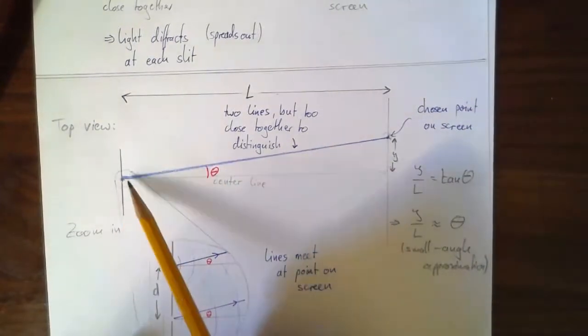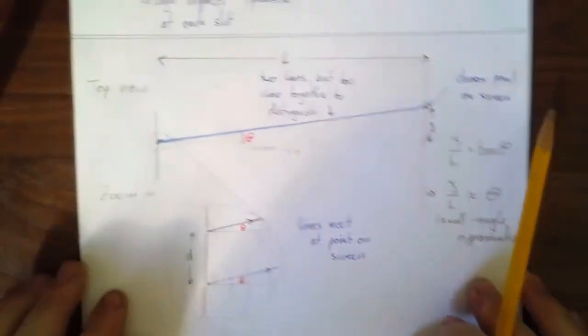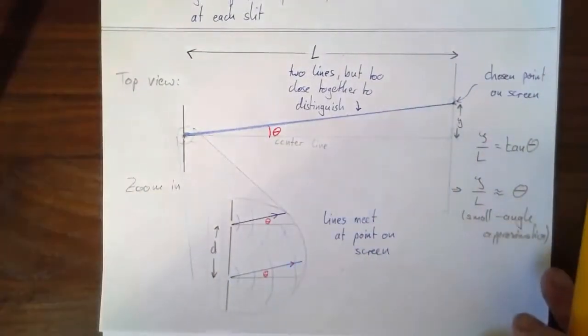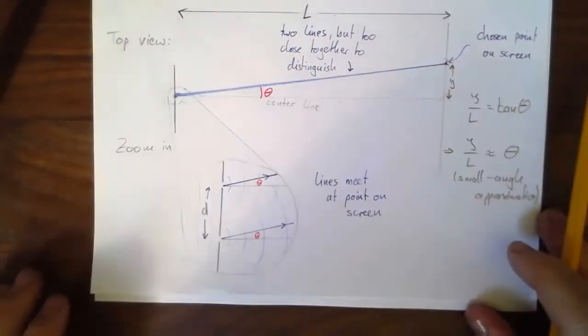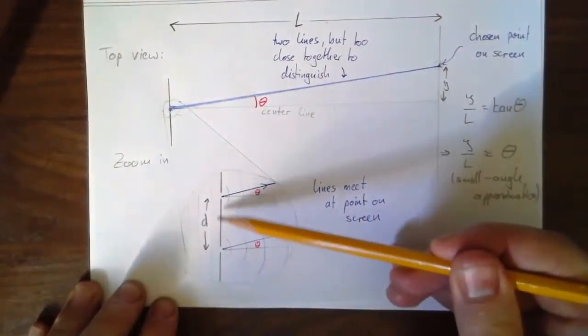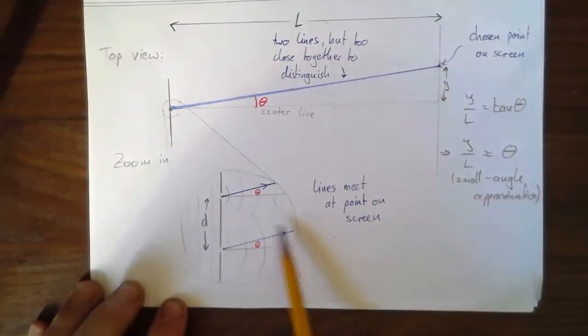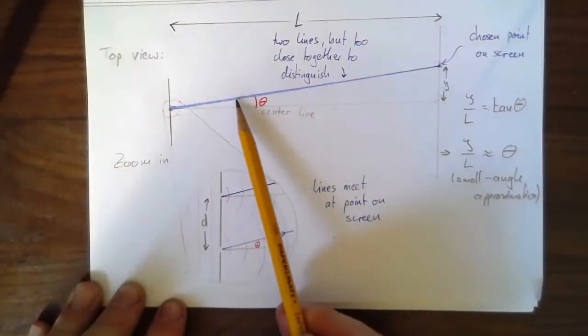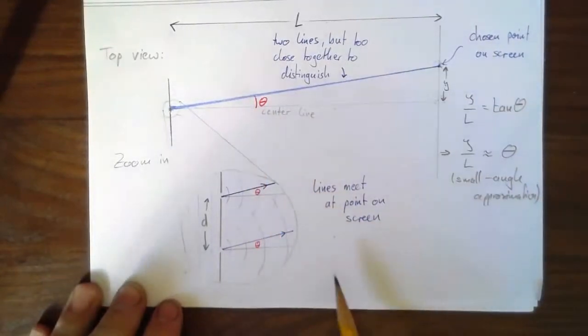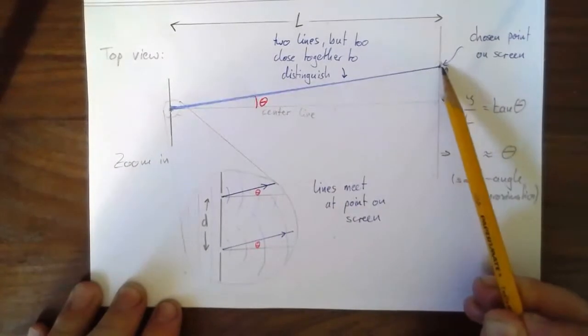Now let's zoom in on where the two slits are. That's this zoomed in view that I drew down here. Adjust my camera a bit. Right, this is my zoomed in view. I imagine those slits are a small distance d apart, and then I've got my two lines. Those two lines each point to the same point here, so they meet on the far away screen.